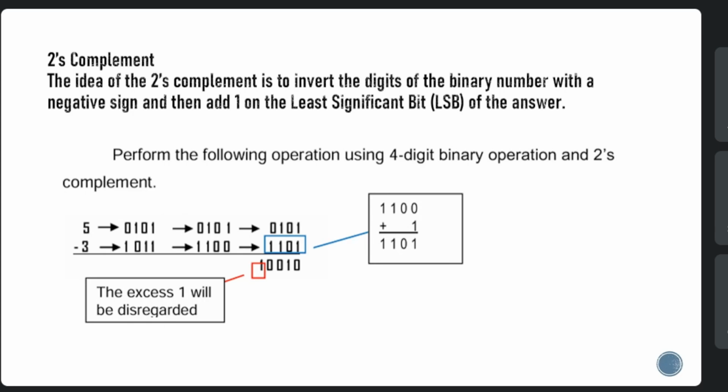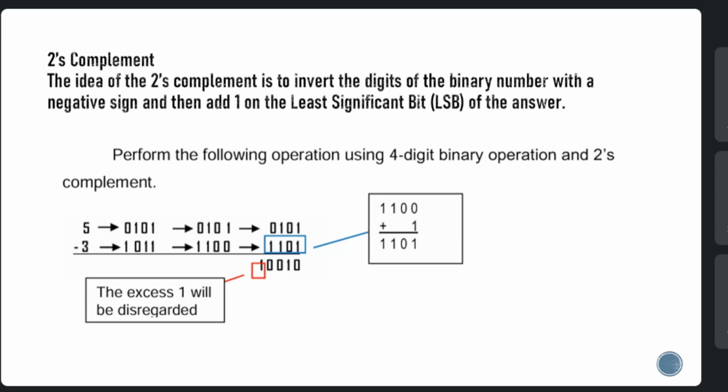The zeros are replaced by ones. So what was done was 1, 1, 0. We add 1 to the LSB, the least significant bit. The excess 1 will be discarded. So the result is 0, 0, 1, 0. So the answer is 2. That is 0, 0, 1, 0.